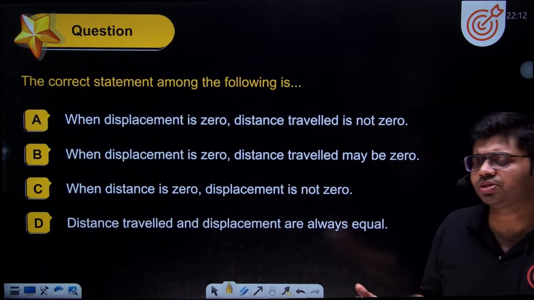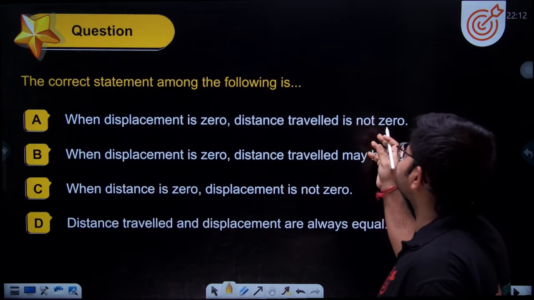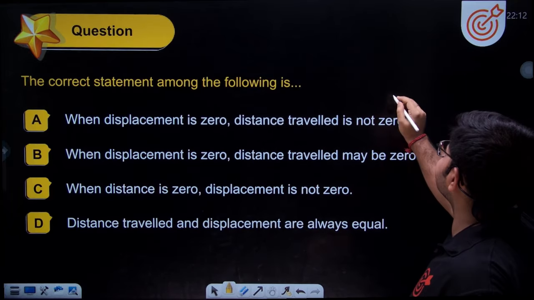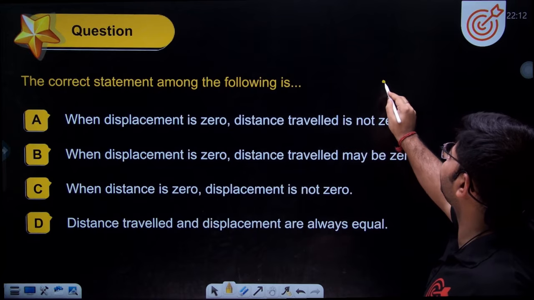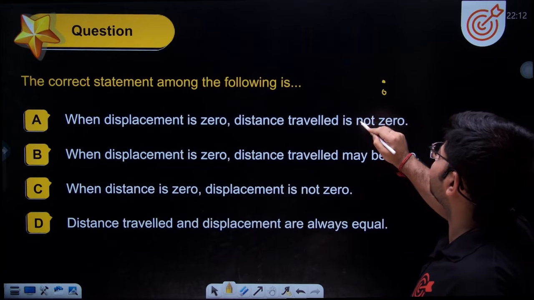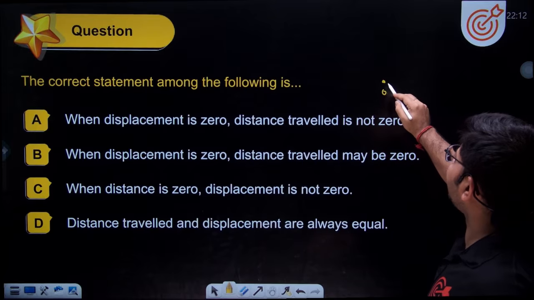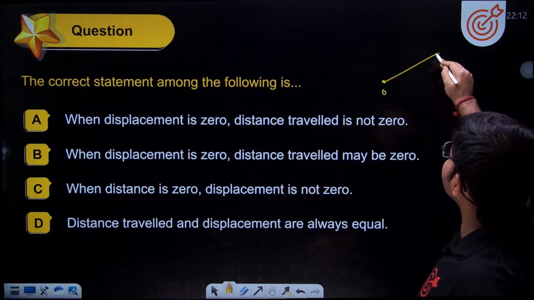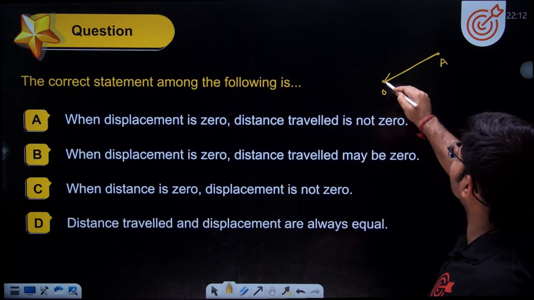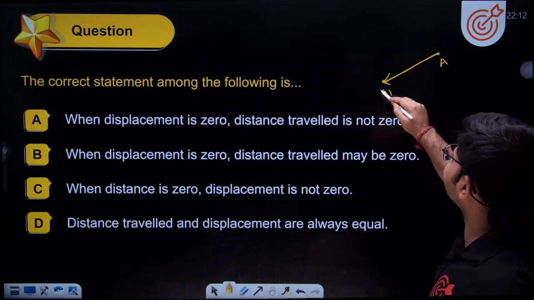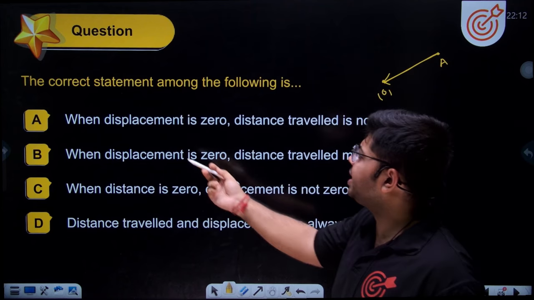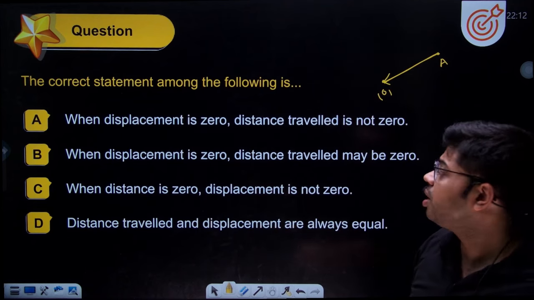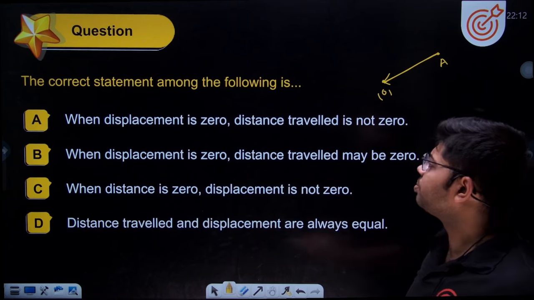Now let us find it out. First statement: when displacement is 0, distance travelled is not 0. Suppose a person starts from position O, travels from O to A, and then from A comes back to O. Then my starting point and ending point are the same, so my displacement is 0, but my distance travelled is not 0.